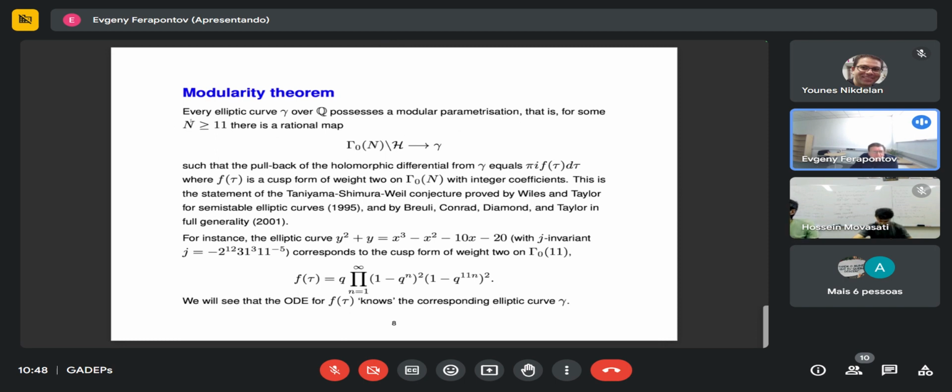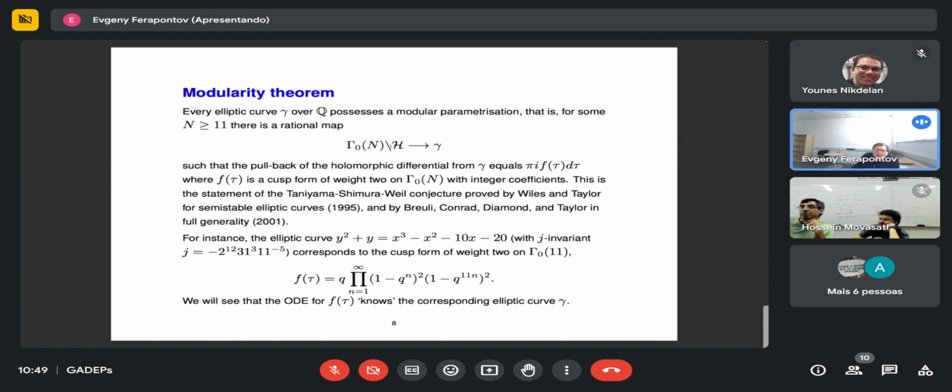This happens for some level n. There is a congruence subgroup of certain level n such that the quotient of H by this congruence subgroup possesses a rational map to gamma. So in other words, you have a modular parameterization of gamma.